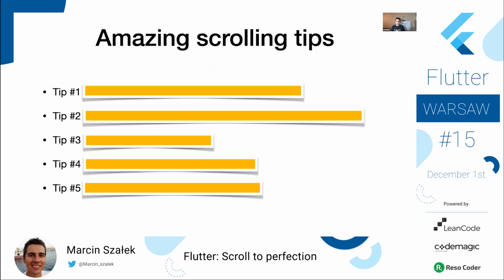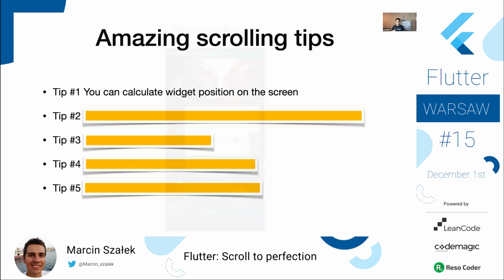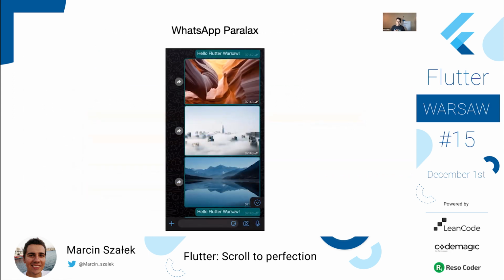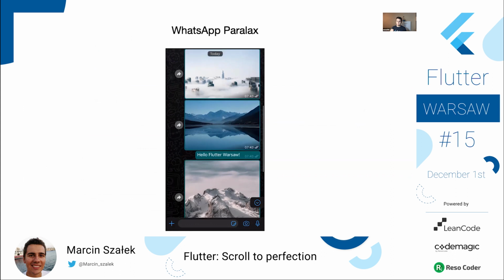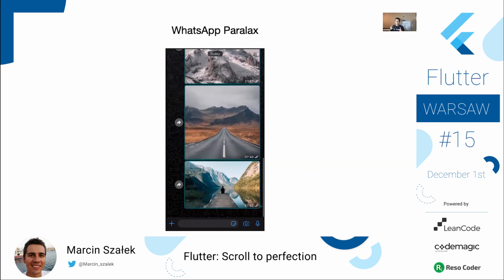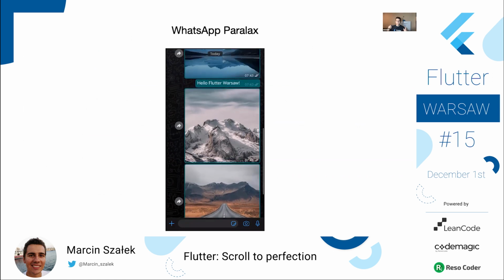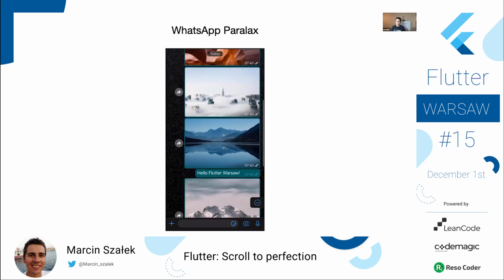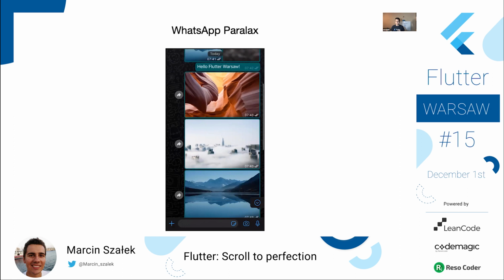So let's get started. The first amazing scrolling tip that I have for you is that you can calculate widget position on the screen. Now, what does it mean and why do we care? I will show it by example. The first example is the parallax effect that I found in the WhatsApp application. It only happens in the iOS WhatsApp application, so Android users cannot actually see it.